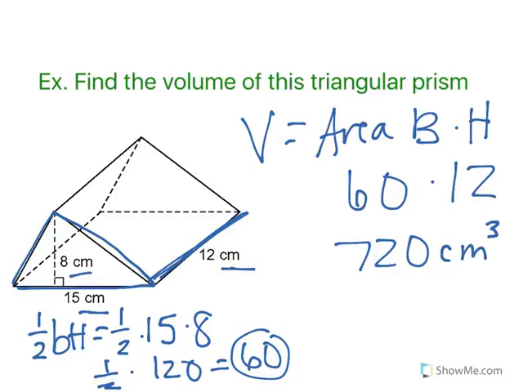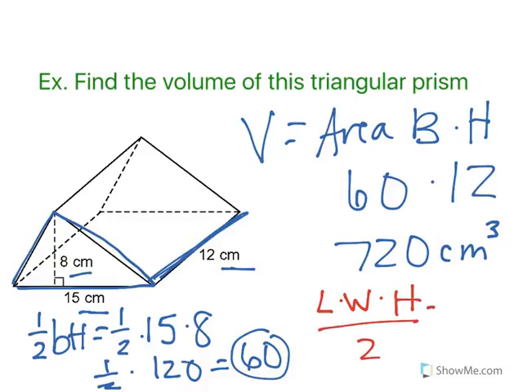So this is one way how to find volume of a triangular prism. The other way that I've had students like in the past is they did the length times the width times the height, and then chop it in half, and that will work the same.